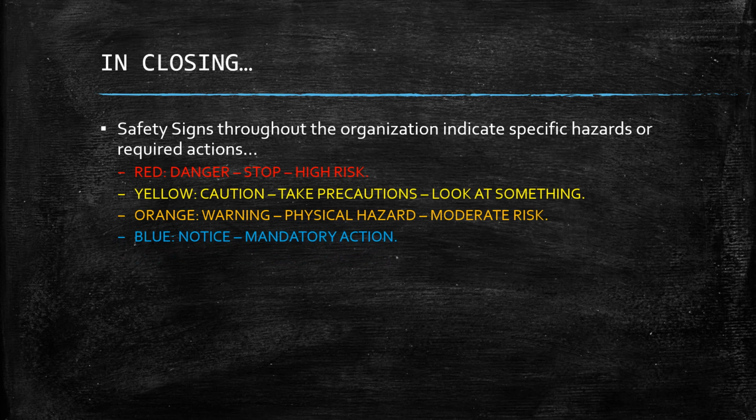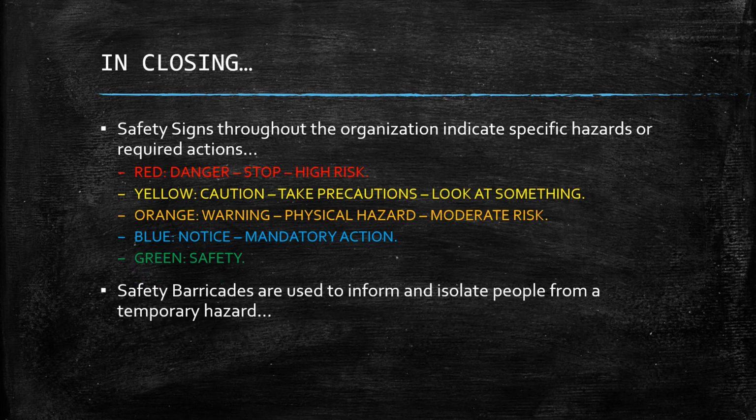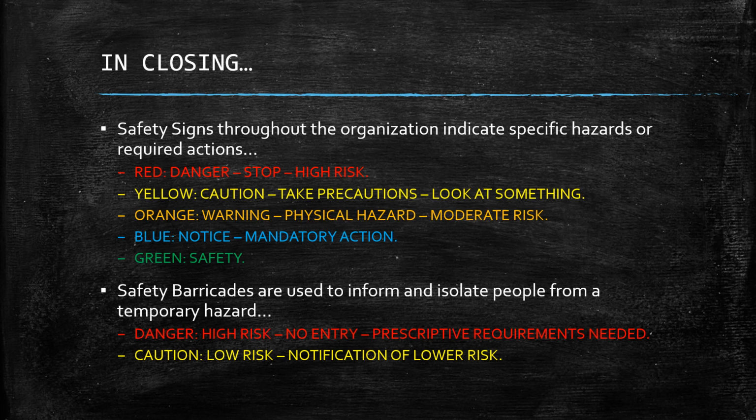Blue means notice, and mandatory actions. And green means safety. Safety barricades are used to inform and isolate people from a temporary hazard. Danger warns of high risk, no entry, and prescriptive requirements needed, while caution warns of low risk and notification of a lower risk.